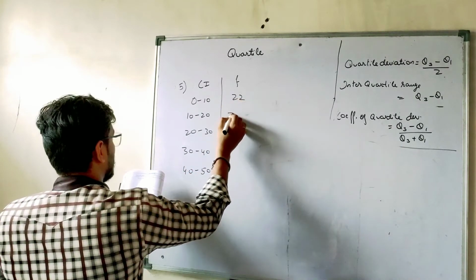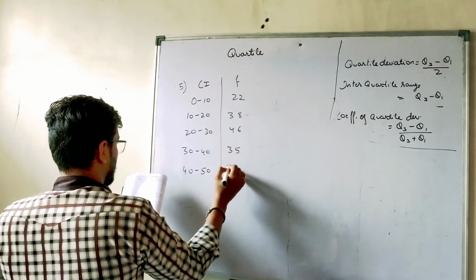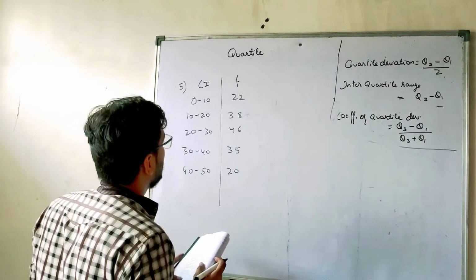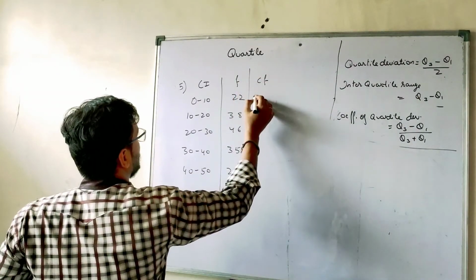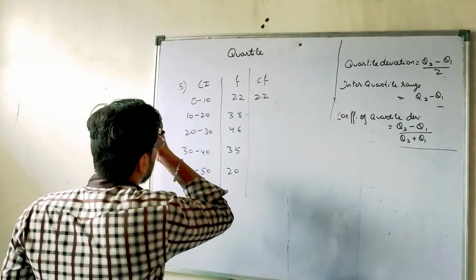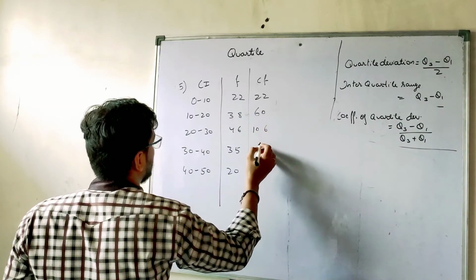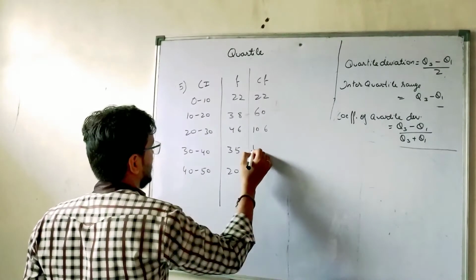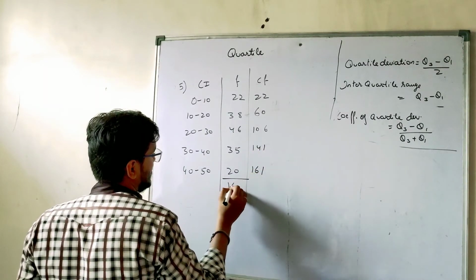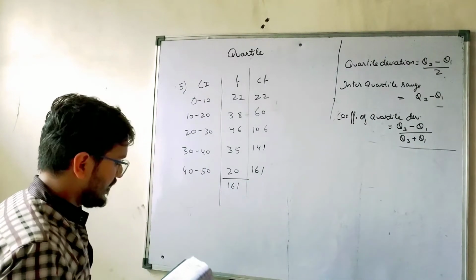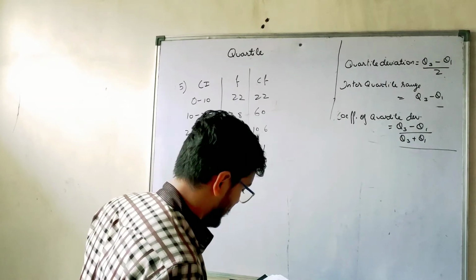Frequencies 22, 38, 46, 35, 20, right? So just find out CF. 22, 60, 106, and then 141, and then 161. Total is 161. So now we have to find out Q1 and Q3, right?